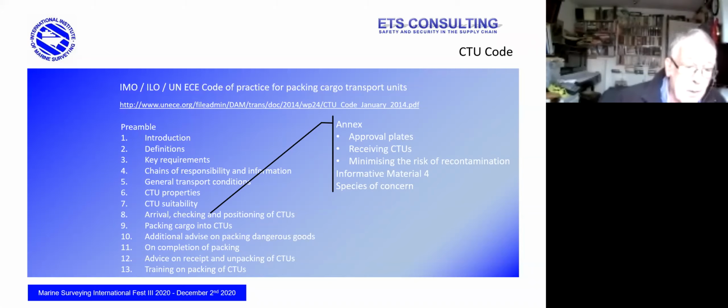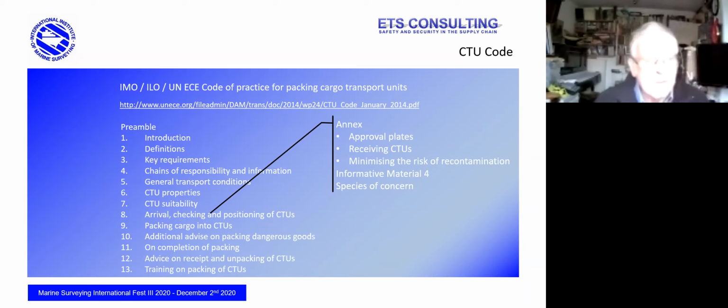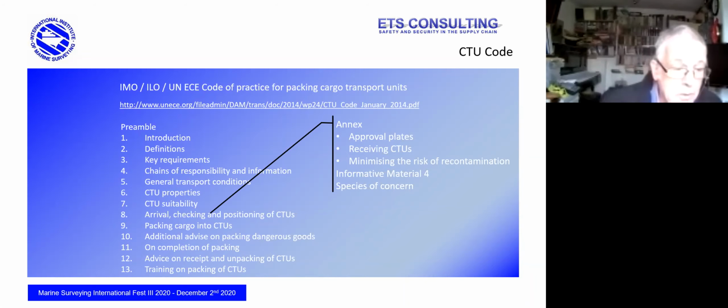And one of the most important things these days is minimizing the risk of contamination from piggyback species or alien species. We've all heard of the gypsy moth, which travels around the world and decimates crops. It is a really big issue, and the Code of Practice covers this as well.